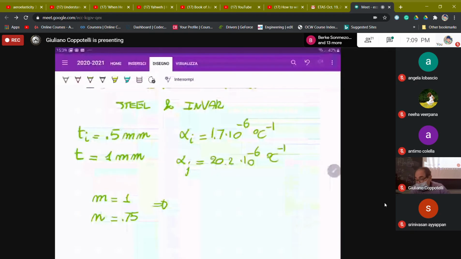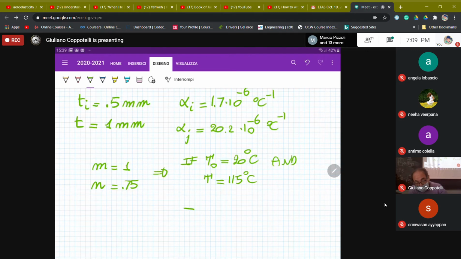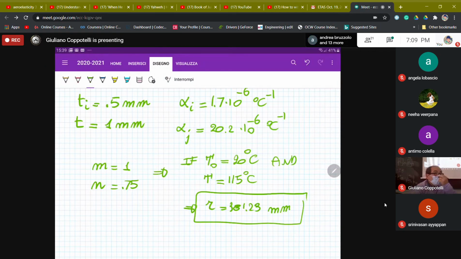If the reference temperature is 20 degrees and the actual temperature is, for example, 115 degrees, then the radius of curvature is 381.29 millimeter, so about 40 centimeters something.